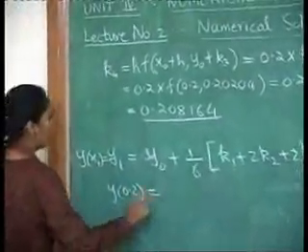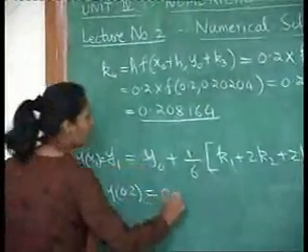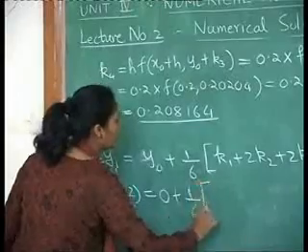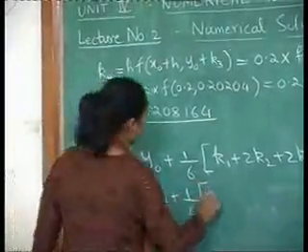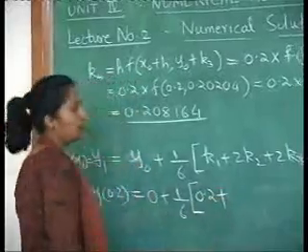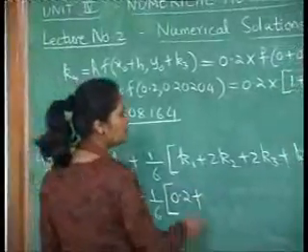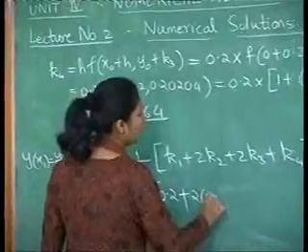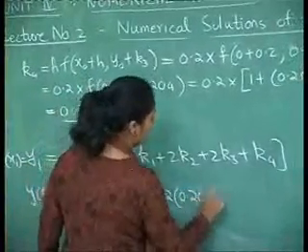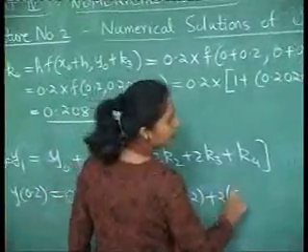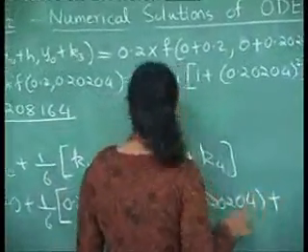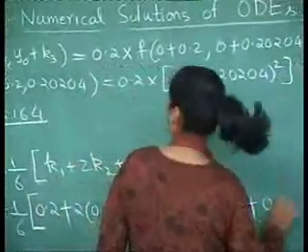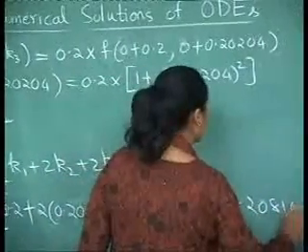So y at 0.2 is y0. y0 is 0 plus 1 upon 6 times k1. k1 is on the other side. I hope you have noted it. 0.2. k2 is 0.202. k3 is 0.20204 plus k4. k4 is 0.208164.